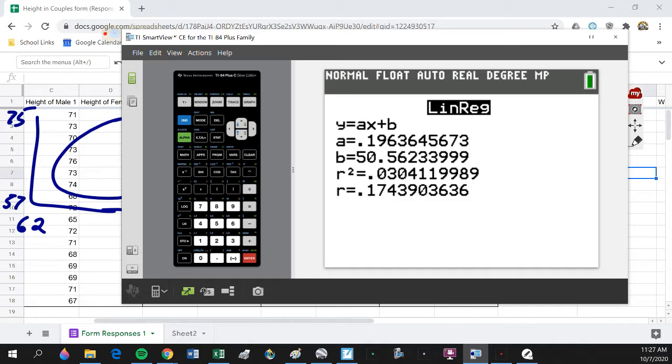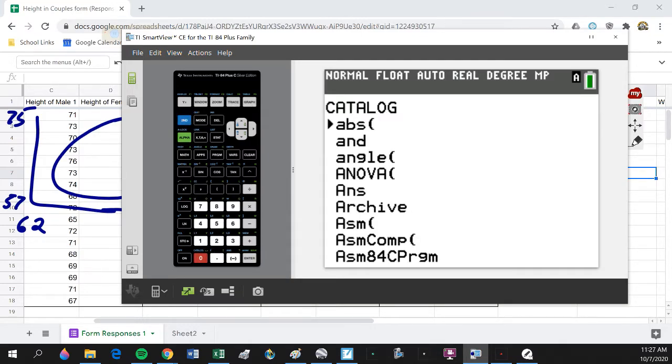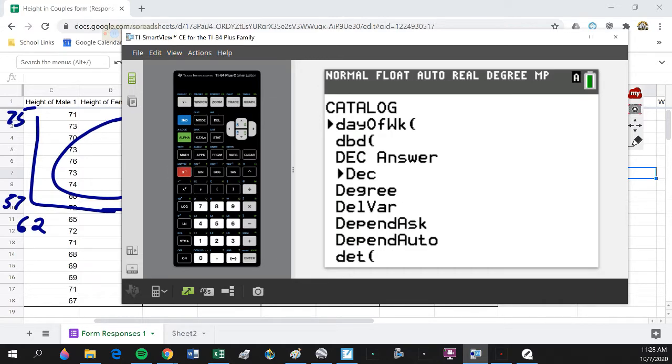Okay, so you guys need to turn your diagnostics on. So if you don't have an R value, watch this. Push second 0, which is catalog, and find the letter D. Where is D? It's this one, X to the -1. And then scroll down until you find diagnostics.